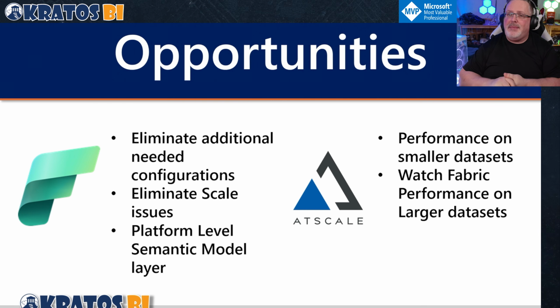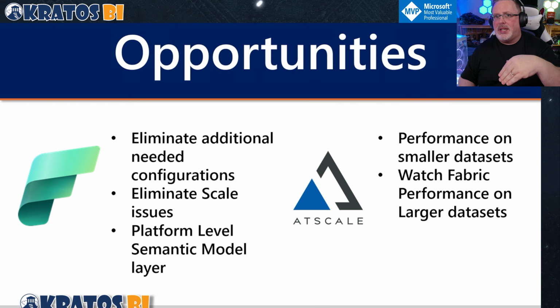And then the other thing is they're going to really have to watch the Fabric performance, because I've seen that working and functioning at scale, and it is as performant on that 10 terabyte as it is on the 100 gig models.